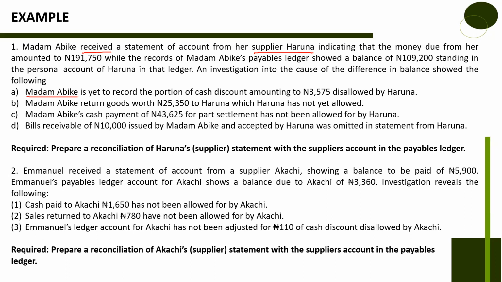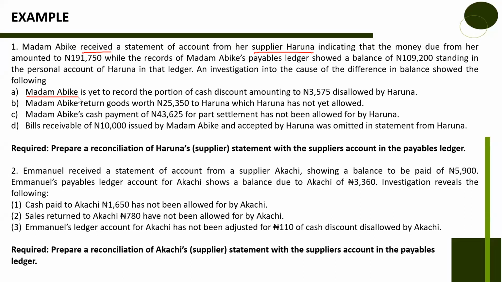Will discount allowed by Aruna increase your payables or reduce the payable of Madam Abike? Reduce the payable. So now, for discount disallowed, if you disallow the discount, will it reduce it or increase it? It will increase it, exactly.